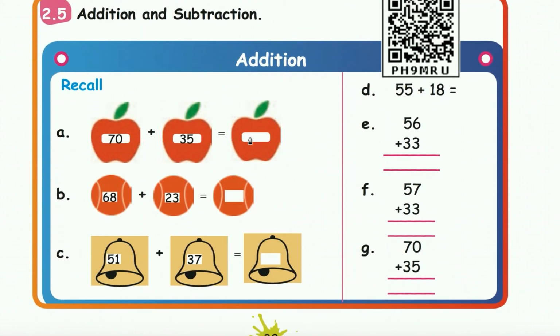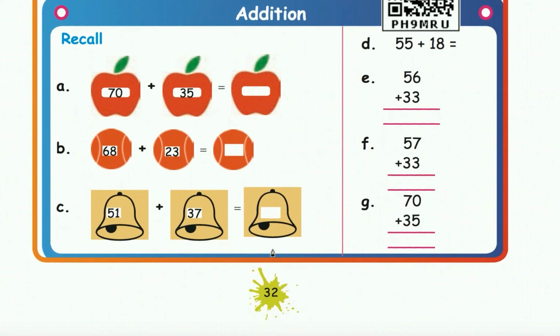70 plus 35, 105. 68 plus 23, how much? The one here, 91. 51 plus 37, 88. Okay.